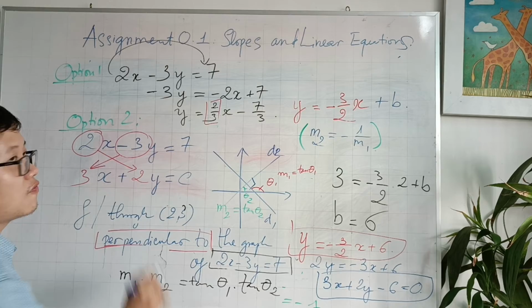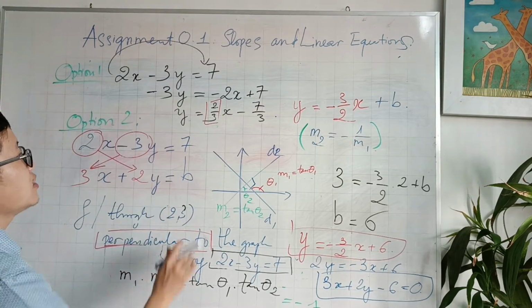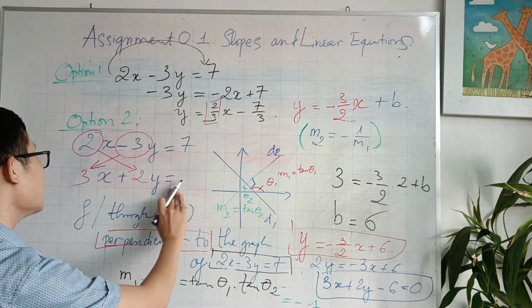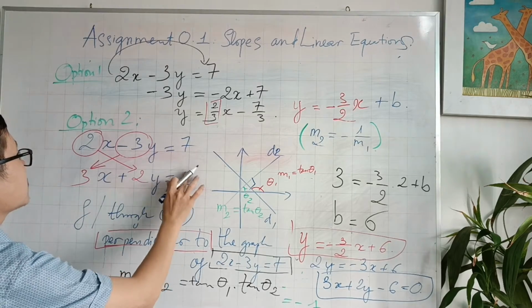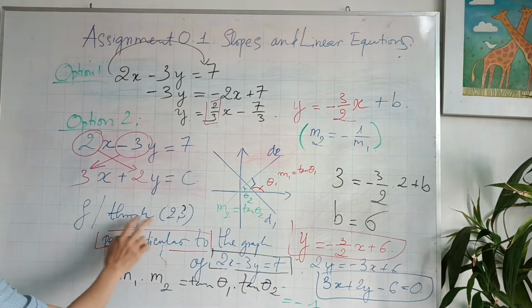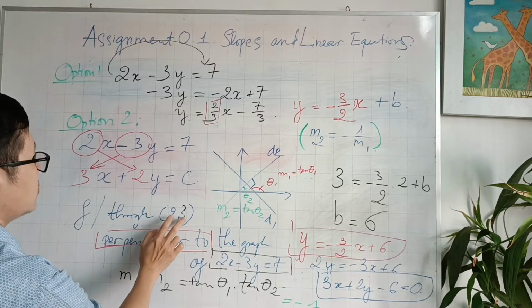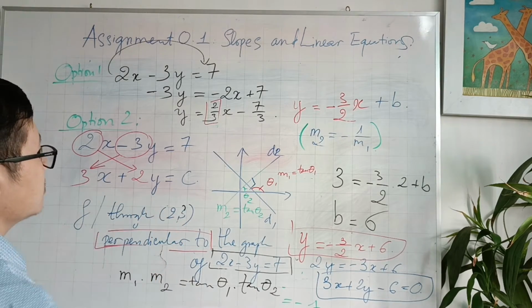Maybe we can write C, or maybe we can write B. But I see that people usually use C here, use that C to represent the variable, and the line goes through the point 2, 3.